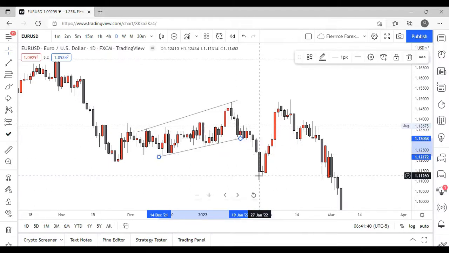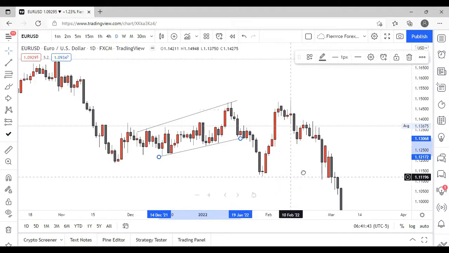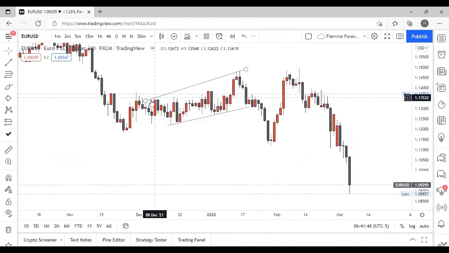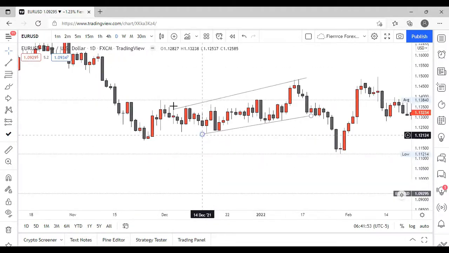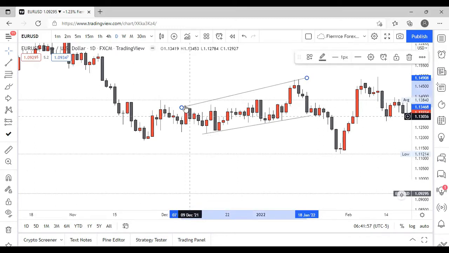Breakdown of price. Price actually even came back in here, but then it finally broke down. I'm looking at this candlestick here, and then I'm using this candlestick here because this candlestick formed the move here. So that's why I chose this one.